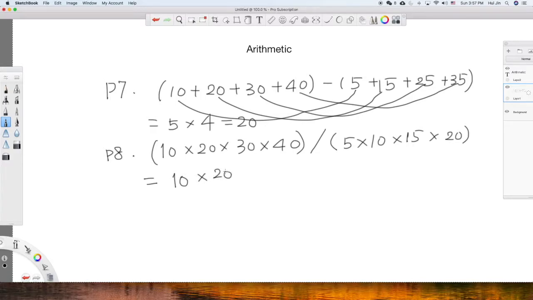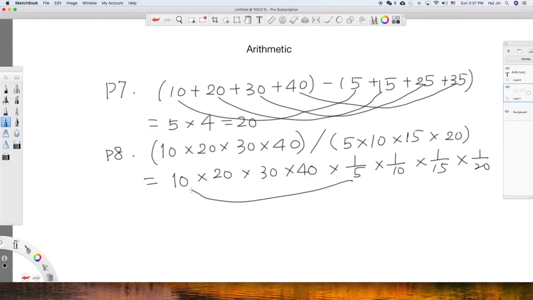So it's equal to 10 times 20 times 30 times 40 times 1 over 5 times 1 over 10 times 1 over 15 times 1 over 20. And now you realize that you can pair them together.